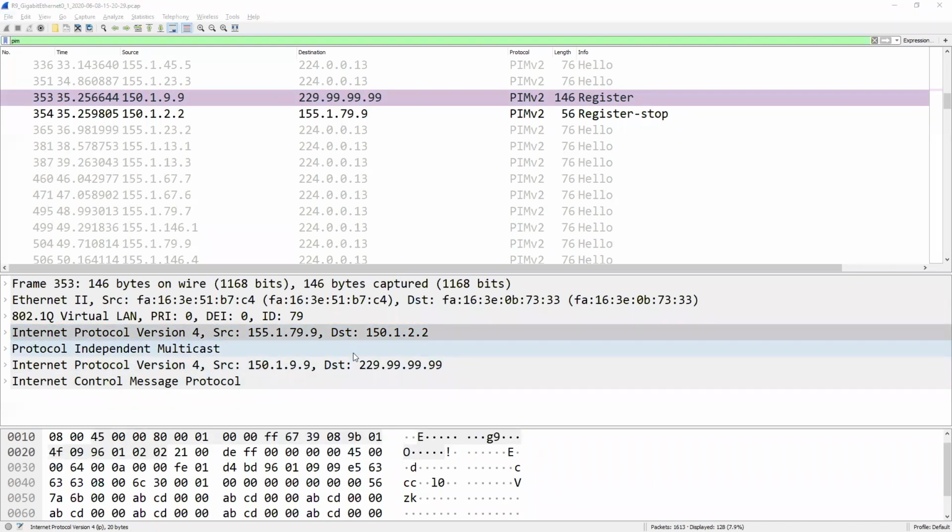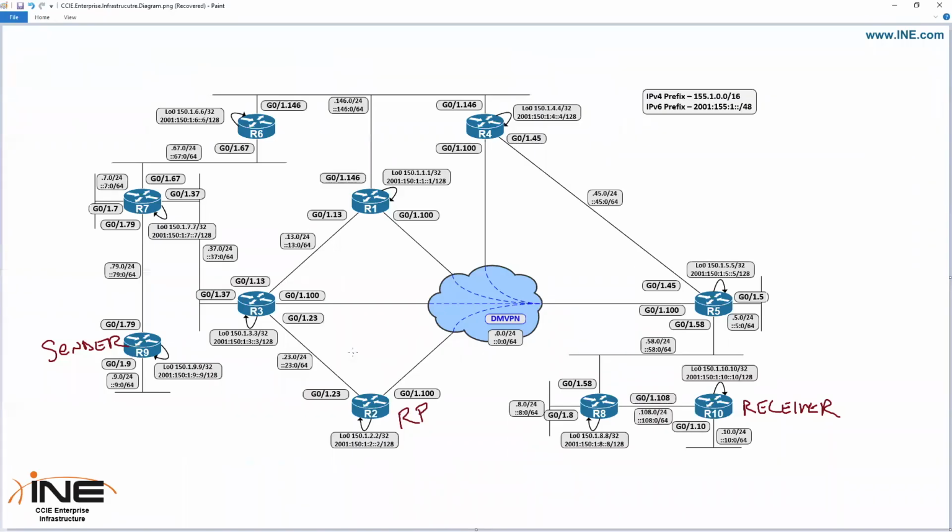Okay, so if we look back at the topology, what's happening here is that there's a unicast message going from 9 to 2, and it's telling 2 about the S comma G entry.